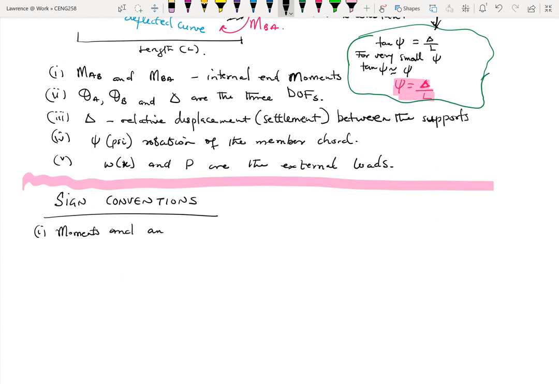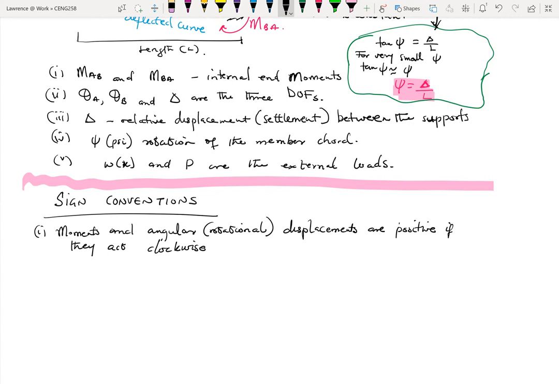And then angular or rotational displacements are positive if they act clockwise.